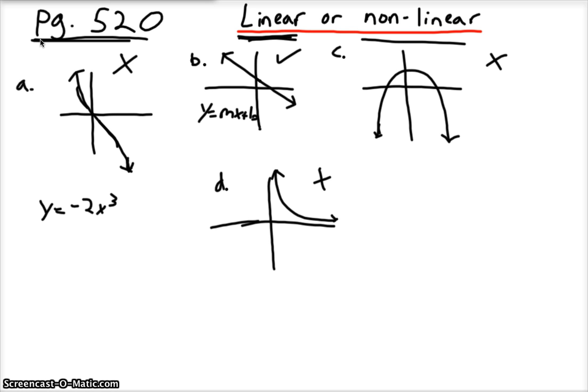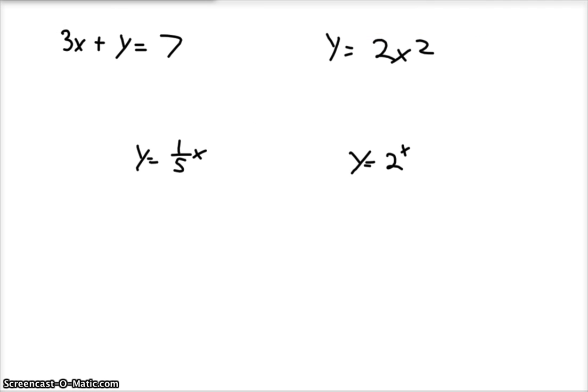Okay, let's turn the page and identify whether things are linear or not linear by looking at an equation. So the big determinant is, if it's linear, can we turn the equation into y equals mx plus b? That's the big thing. If we can turn an equation into this, then it would be linear.